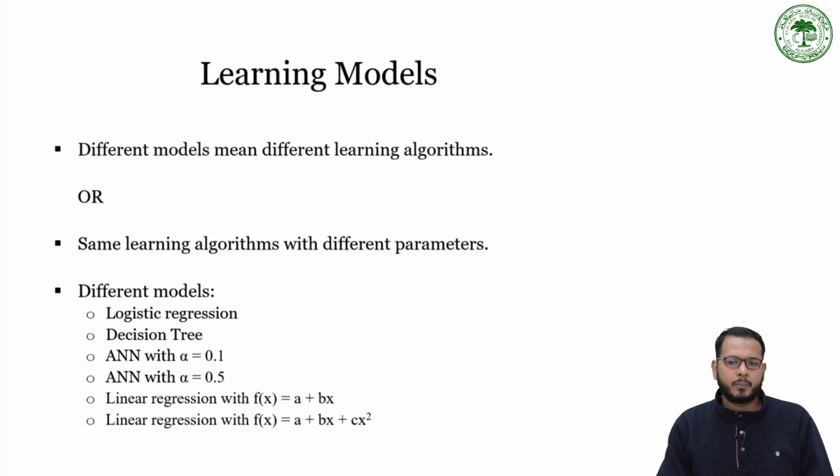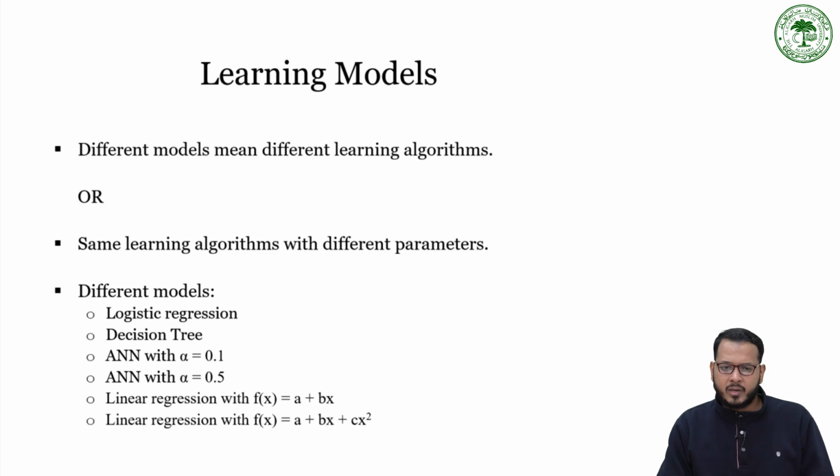For example, we can have models ranging from logistic regression to artificial neural networks with different learning rates, and even linear regression models with simple to complex equations. Each choice here represents a unique way to learn from data and hence referred as a unique model.